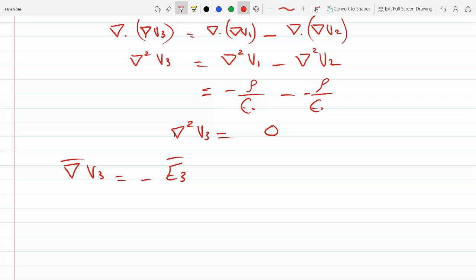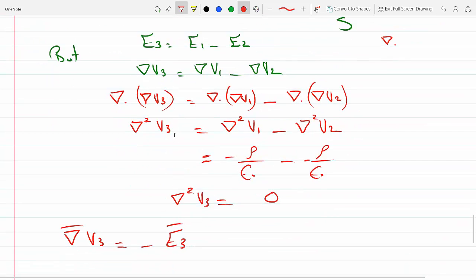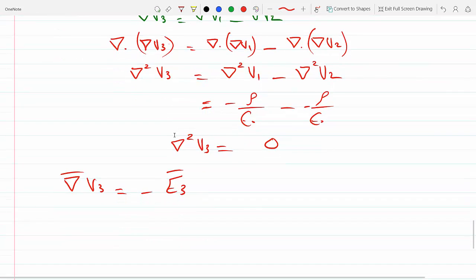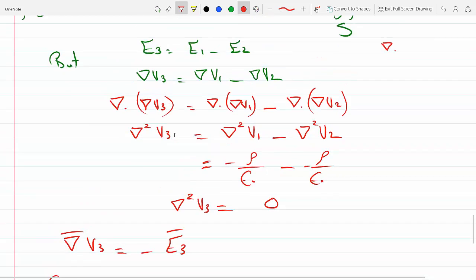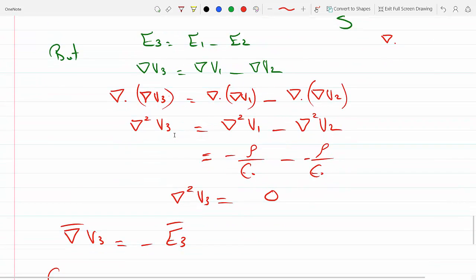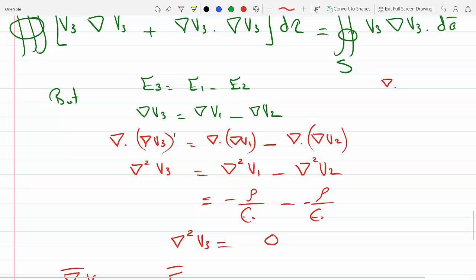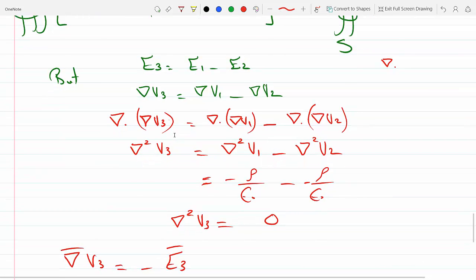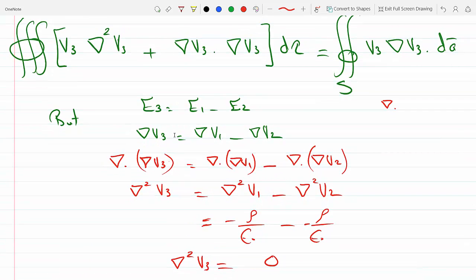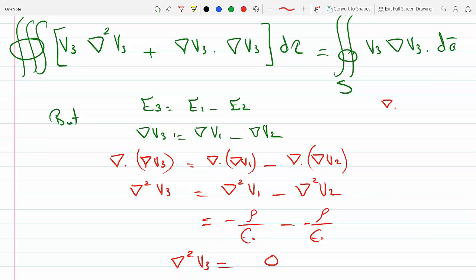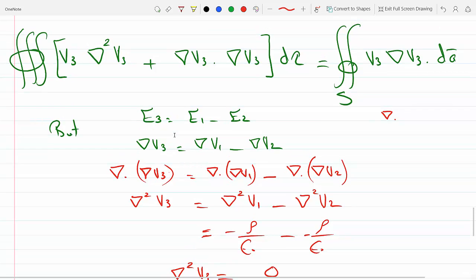Okay, so in that case, going back to the integrals now. The right hand side became E3 times V3.